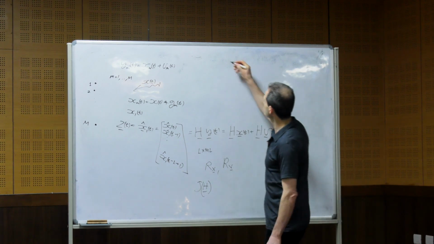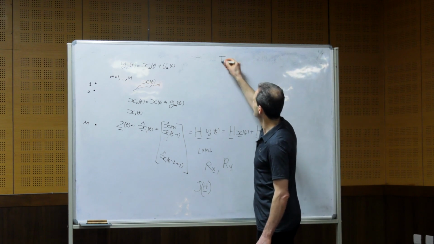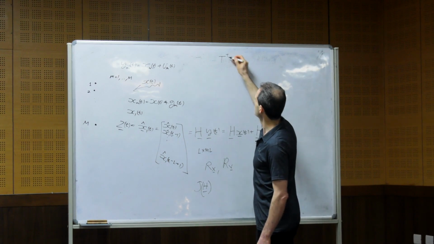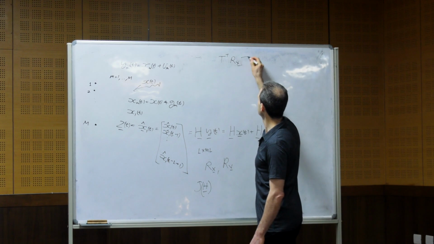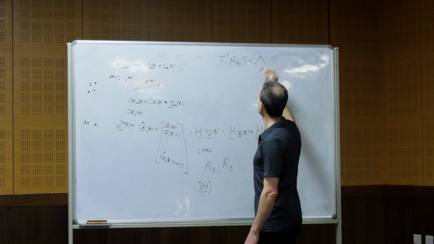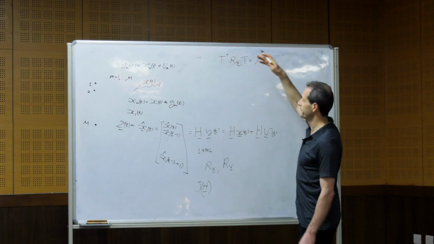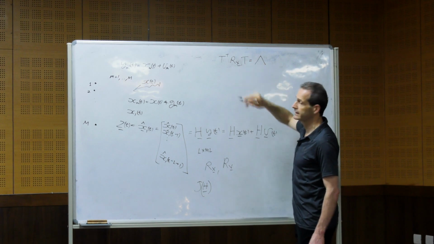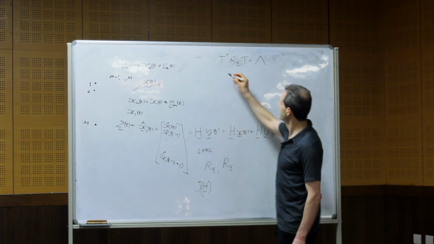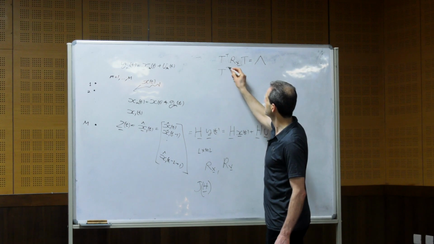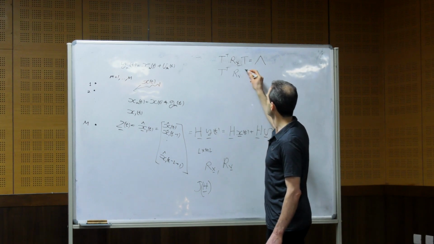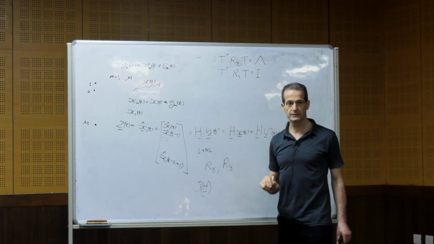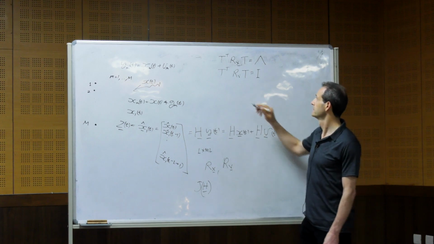So we can find a matrix T and diagonal matrix lambda such that T transpose Rx T equals lambda. The diagonal contains the eigenvalues in decreasing order, and the columns of T are the generalized eigenvectors. At the same time, T transpose Rv T equals the identity matrix of size ML by ML.